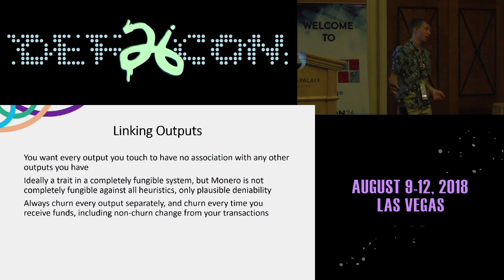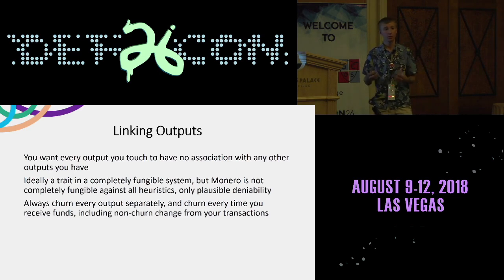Unfortunately, that's just not the case at the moment. With Monero currently, you have fungibility through plausible deniability, not through protection against every heuristic. So it still is possible that certain outputs might appear more suspicious than other outputs. And so this is a big consideration you have, and it's something to really keep in mind when you're spending Monero.